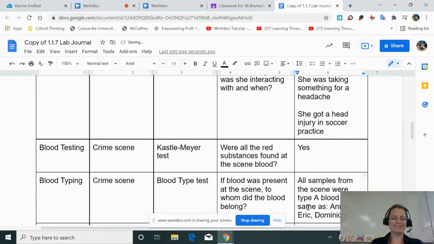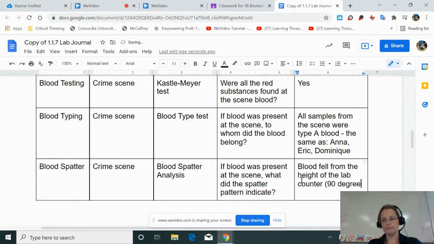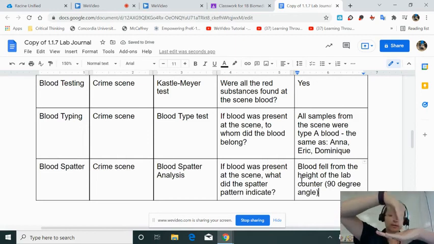Could be wrong. And then spatter, the blood fell from the height of the lab counter, 90-degree angle, or straight down. Like straight down forms a 90-degree angle.